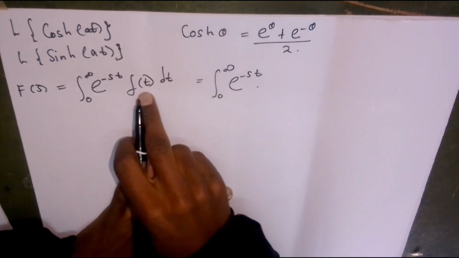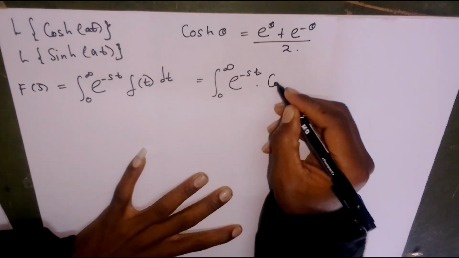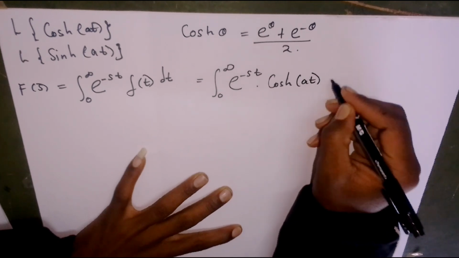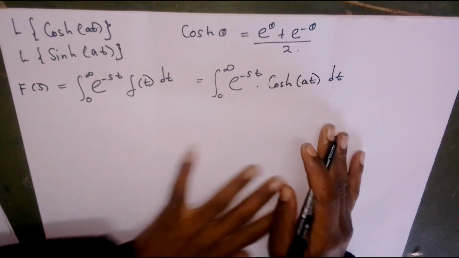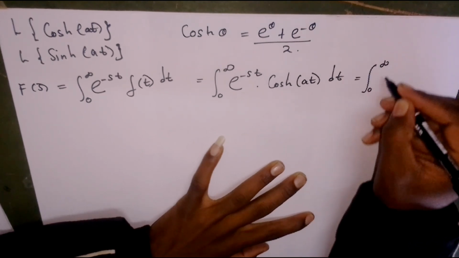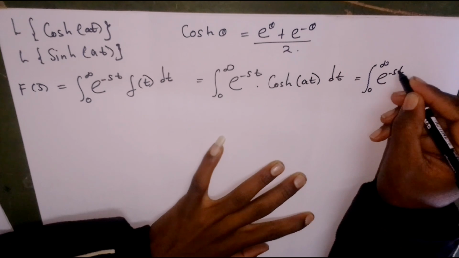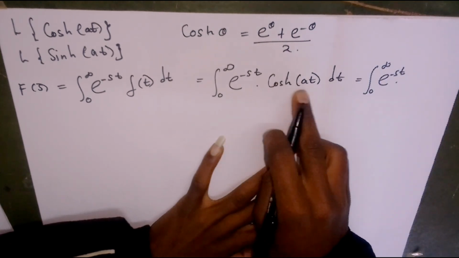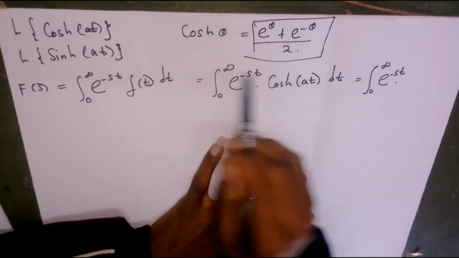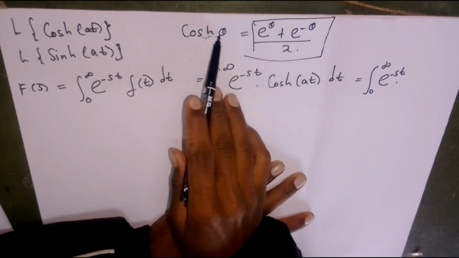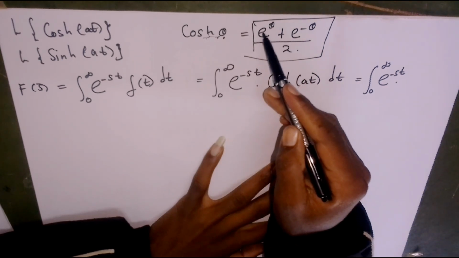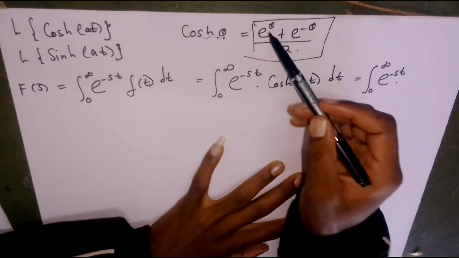Then on f of t, you're going to start with cos at dt. And now we know that this cos at is the one which is going to be represented by this. But now we are not having cos theta, but we are having cos at. So it means where here on the power we are having theta, we are going to replace with at.